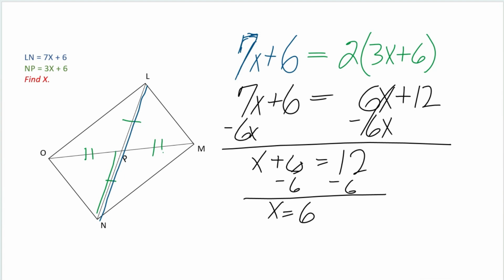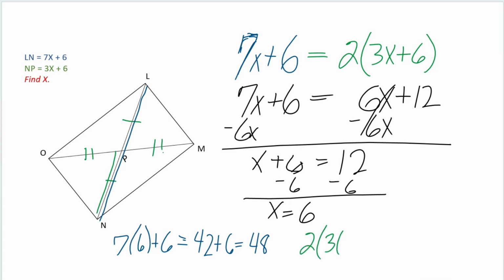So let's see if that actually makes the equation true. So the LM is the whole line. If we substitute our 6 into that equation, we have 7 times 6 plus 6, which equals 42 plus 6, which equals 48. And if we substitute the x into our other side where we had just the line segment, 2 times 3 times 6, which is our value for x, plus 6.